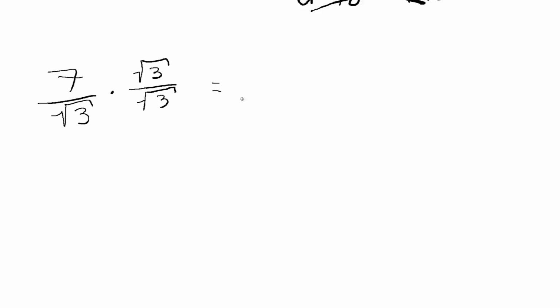We mechanically just write down the 3, because we know the square root of 3 times the square root of 3 is equal to 3. And here, we just mechanically write 7 over the square root of 3, times the square root of 3, excuse me.